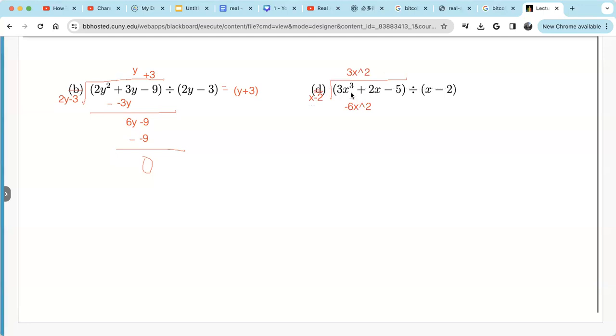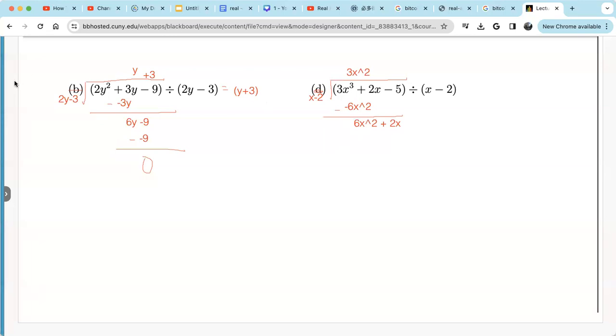So then I have 0. There's a 0 there, right? 0 minus -6x squared. Because it's a minus, right? Minus becomes positive. So we get a positive 6x squared. Now pull the next one down, 2x.